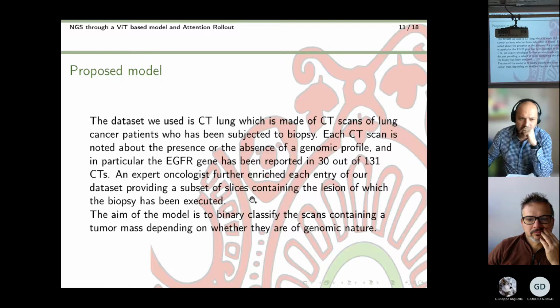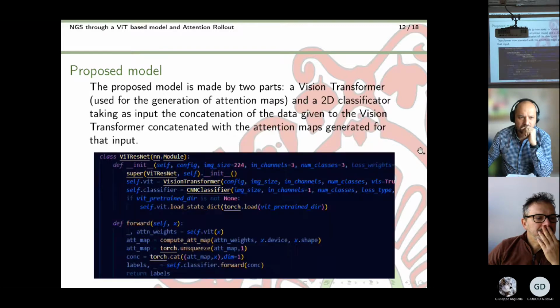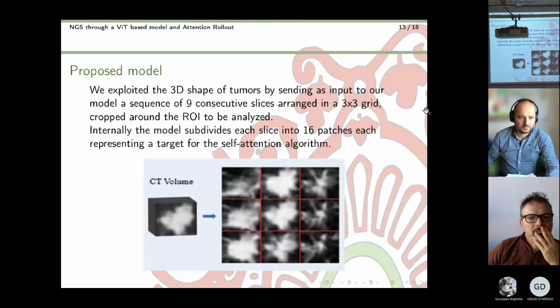It's worth remembering that the aim of the model is to binary classify the scans containing a tumor mass, depending on whether there's the EGFR gene. The model we proposed is made of two parts: a ViT Transformer, which is basically used just to extract attention maps, and a 2D classifier, which takes as input a concatenation between the attention maps generated for a given input and the input itself.